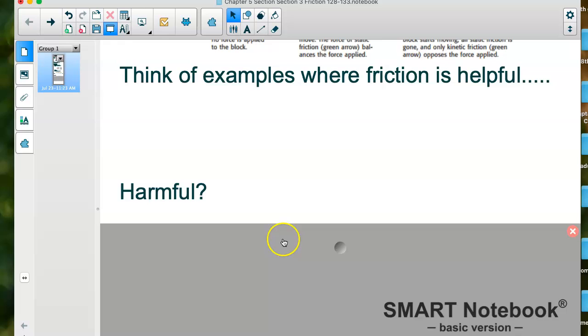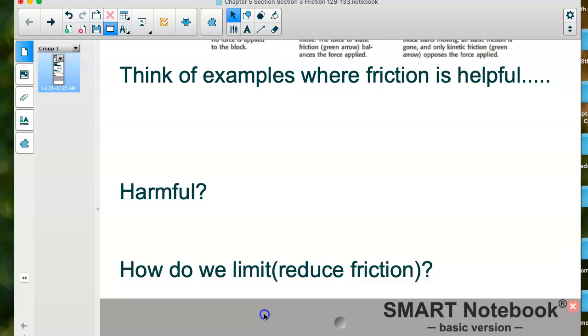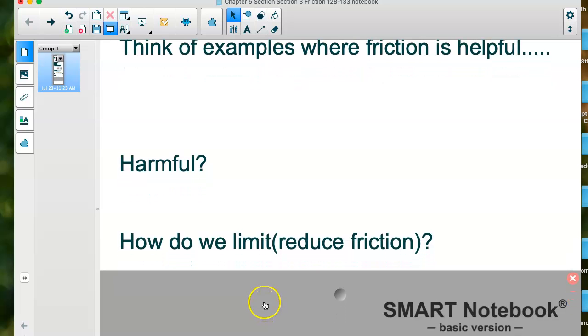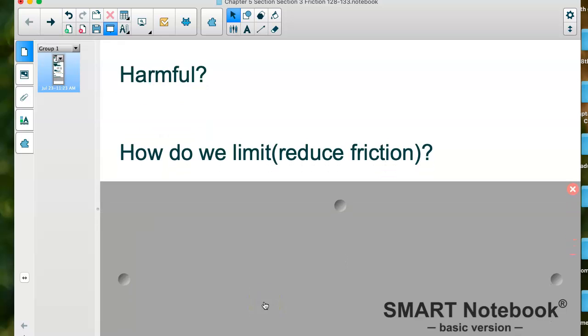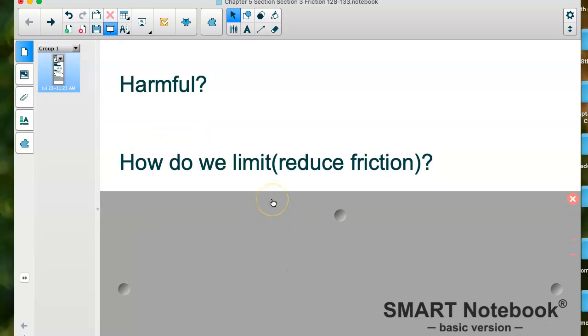So it can be harmful, right, and it can be helpful. So there's ways that we limit it, which we mentioned, and there's ways that it causes problems where we don't want friction. So for example, we make cars so that they have a sleek shape so that they can cut through the air resistance, the fluid friction that we experience from the air. We don't typically have boxy cars like semis, right, that don't get reasonable gas mileage.